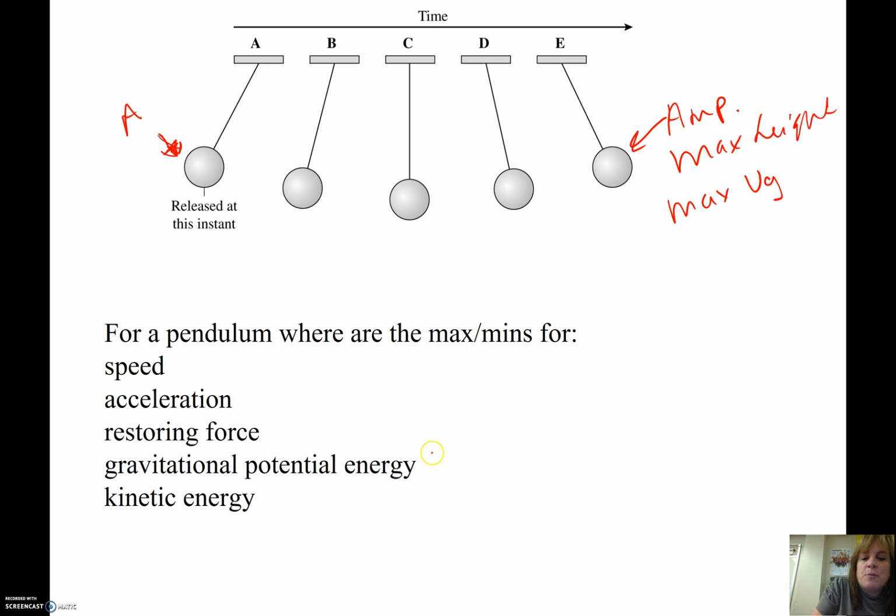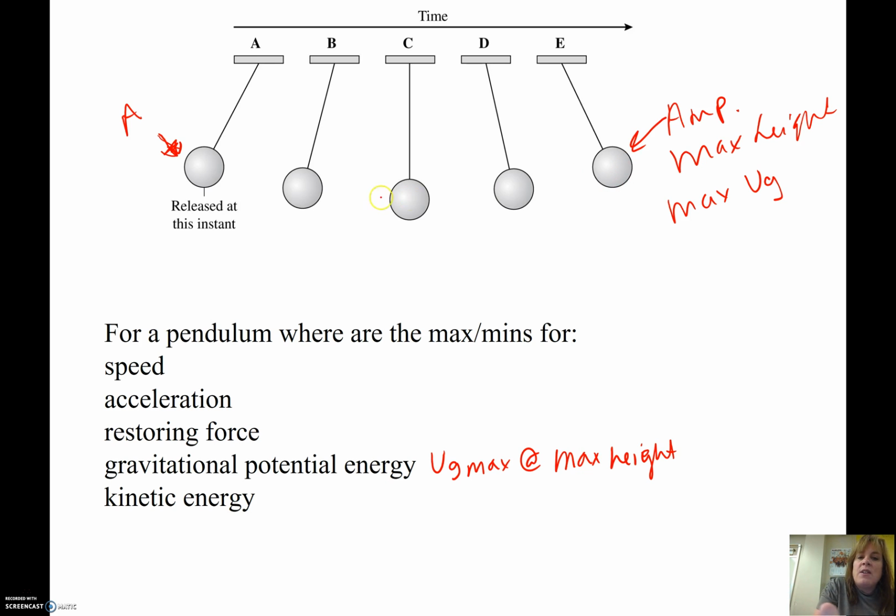So my gravitational potential energy is a max at the amplitude or the maximum height. Now remember, that was the same thing for a spring. Anytime we were at amplitude, we had a maximum of spring potential energy.